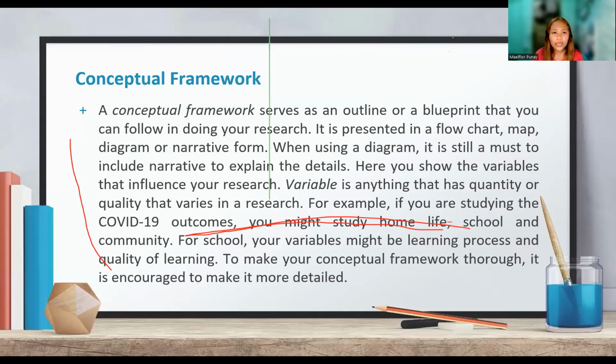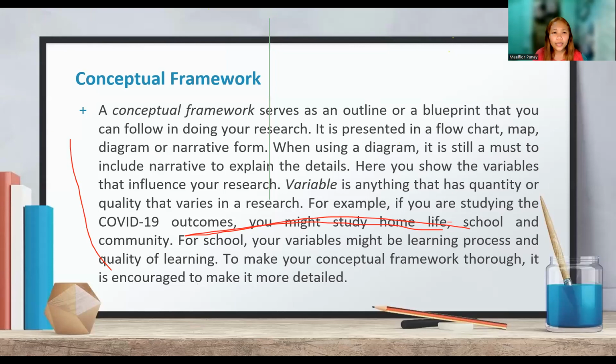After that one is the conceptual framework. So a conceptual framework serves as an outline or a blueprint that you can follow in doing your research. So it is presented in a flow chart, map, diagram, or narrative form. So when using a diagram, it is still a must to include narrative to explain the details.